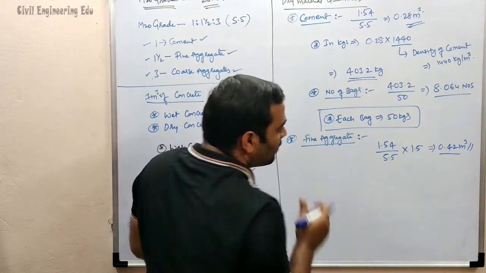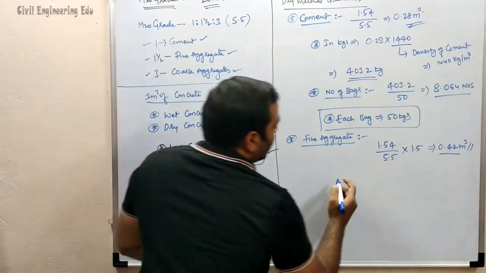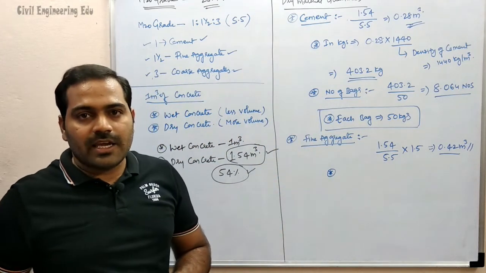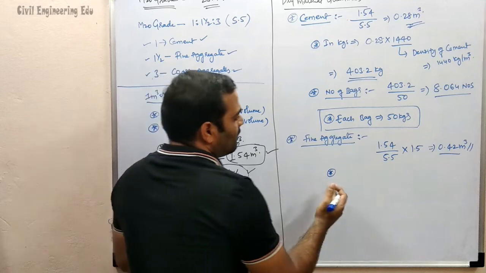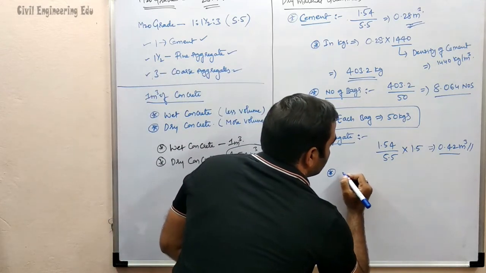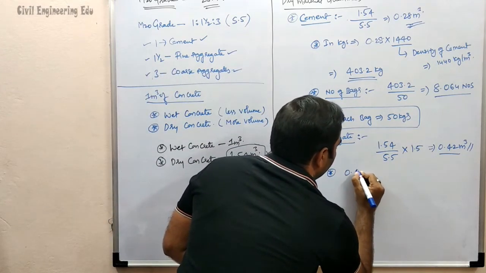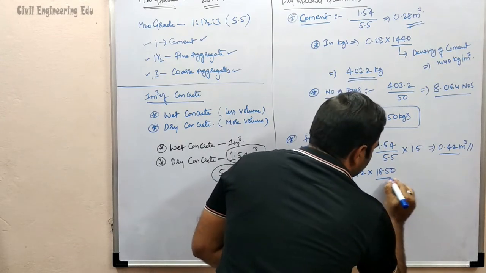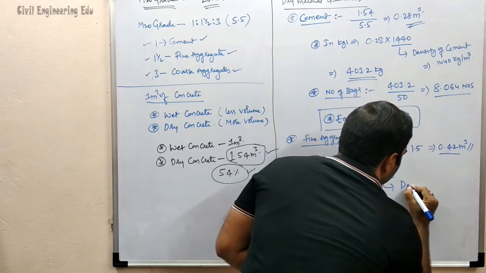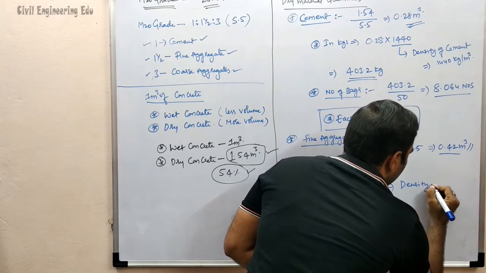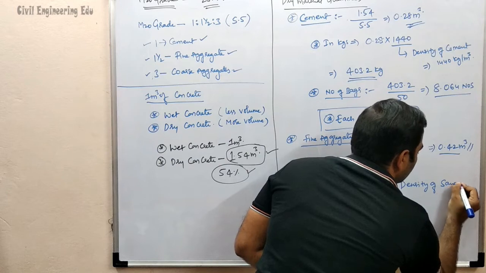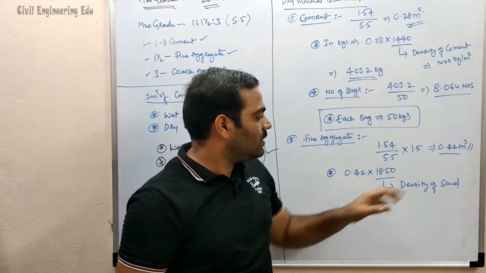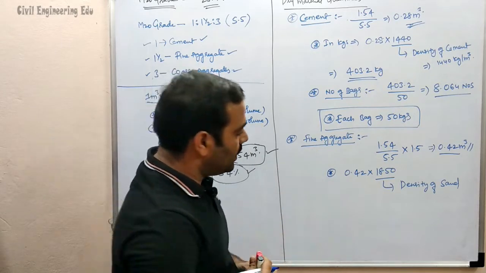Now we need to convert this into kgs and tons, because we order fine aggregate in kgs and tons. So in general we order in tons only. So here 0.42 into 1850. What is 1850? This is the density of fine sand. So this is the density of sand which we use in concrete.